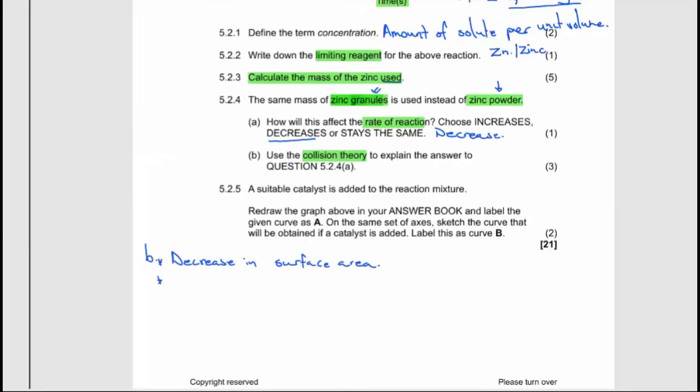If we decrease the surface area, it means fewer particles with correct orientation.